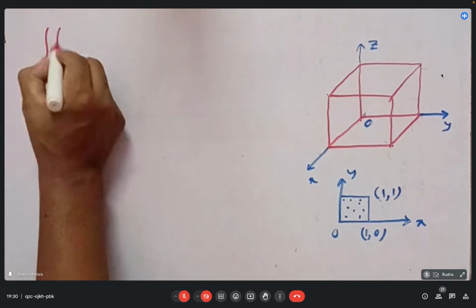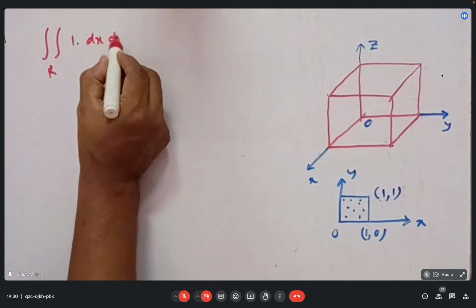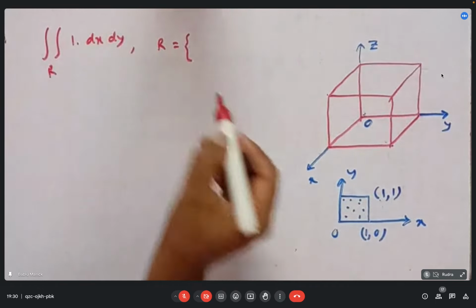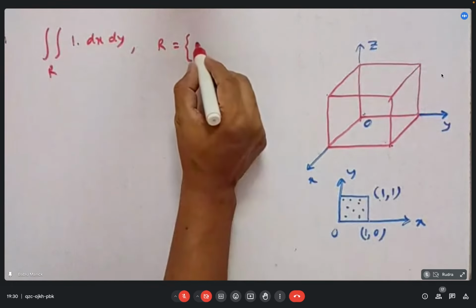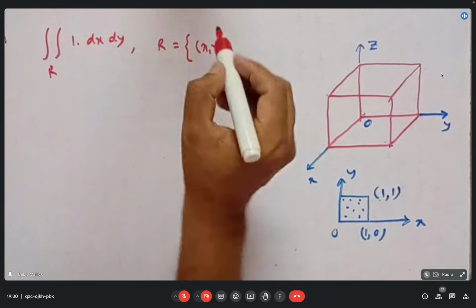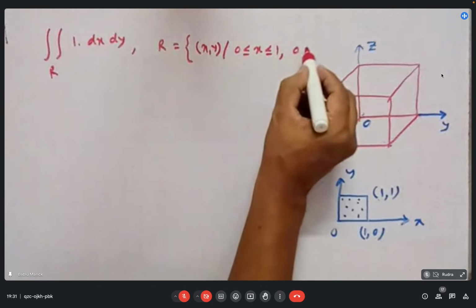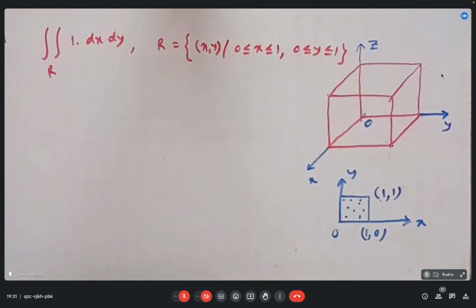So double integration over R, height 1, dx dy, where R is the square region, R is equal to (x, y) such that 0 less equal to x less equal to 1, 0 less equal to y less equal to 1.